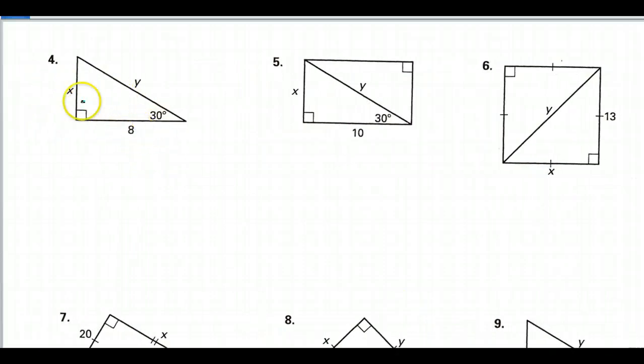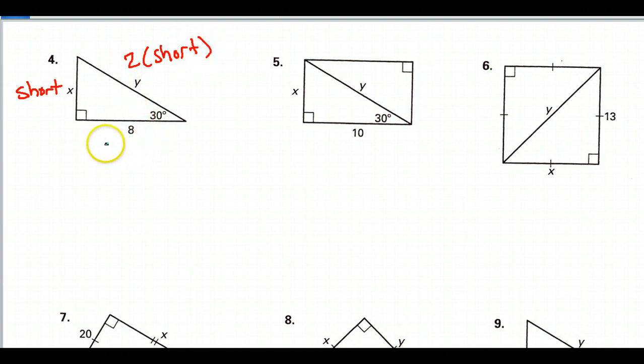Number 4. This is the short leg, so this will be 2 short, and this is the one we really need, short radical 3.